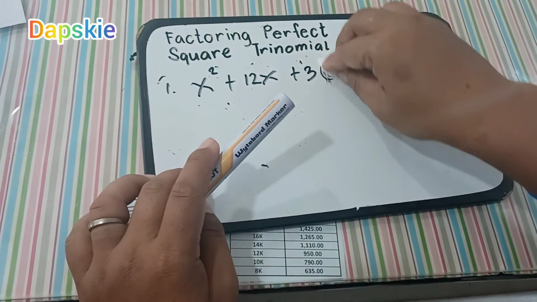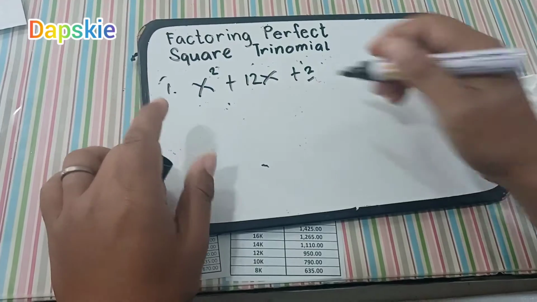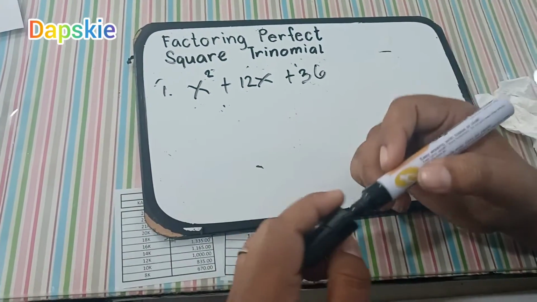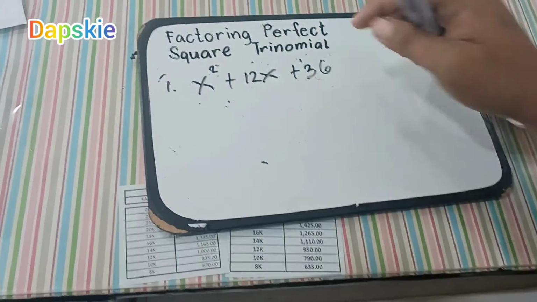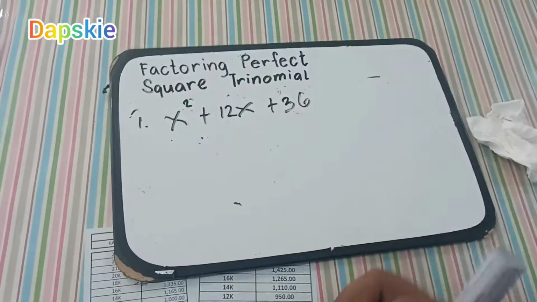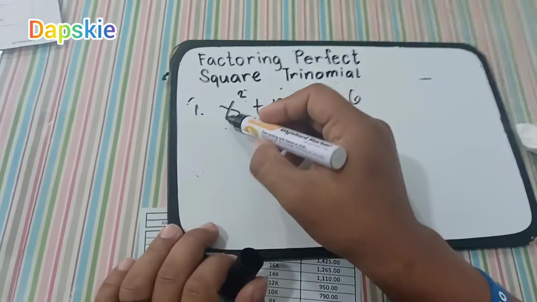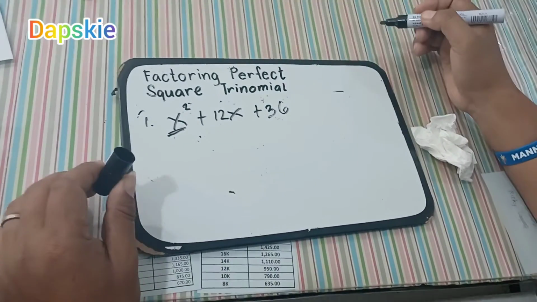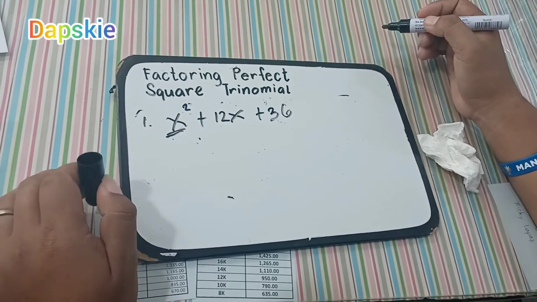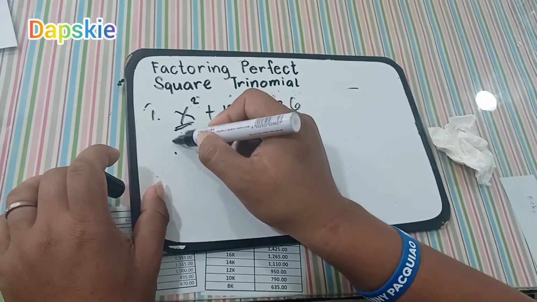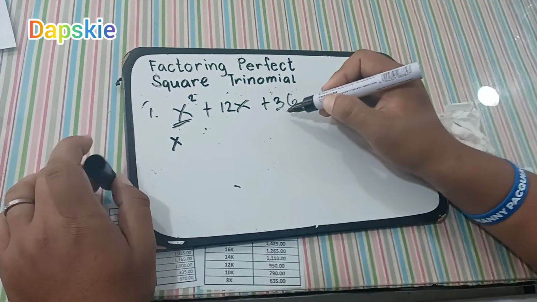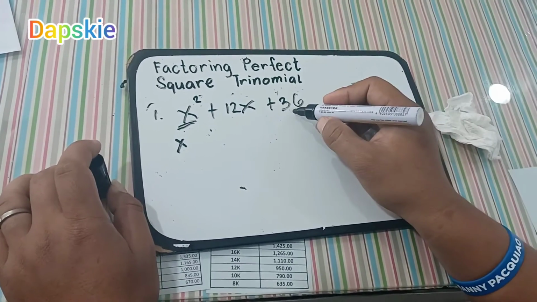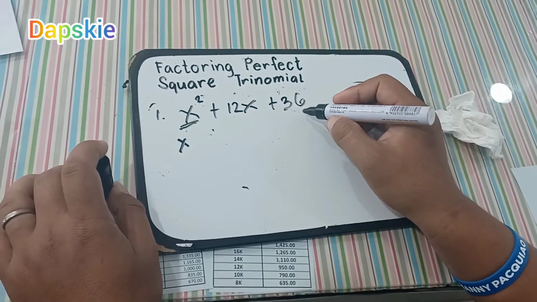So ito yung equation, i-check natin kung ito ay perfect square trinomial. Paano natin i-check? Check po natin yung first term kung ito ay perfect square. So ano yung square root of x squared? So we have x. How about here, 36? Square root of 36 is 6.